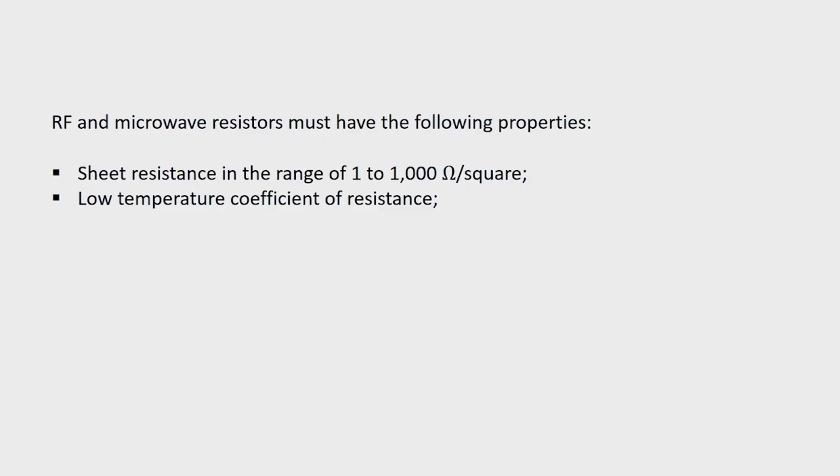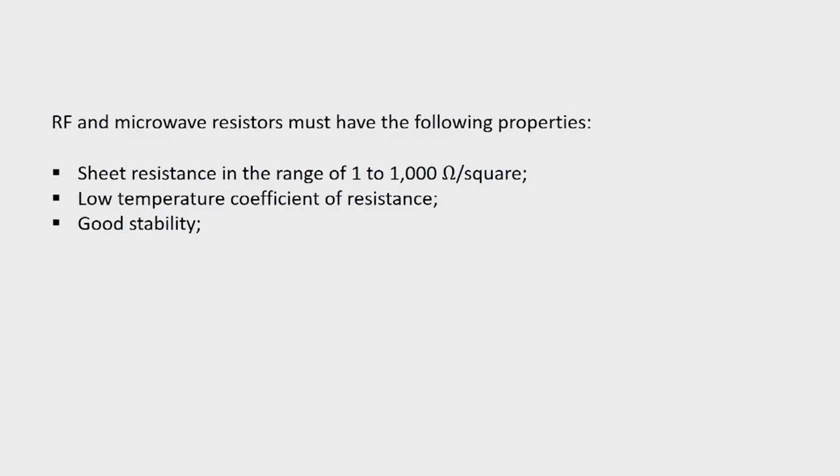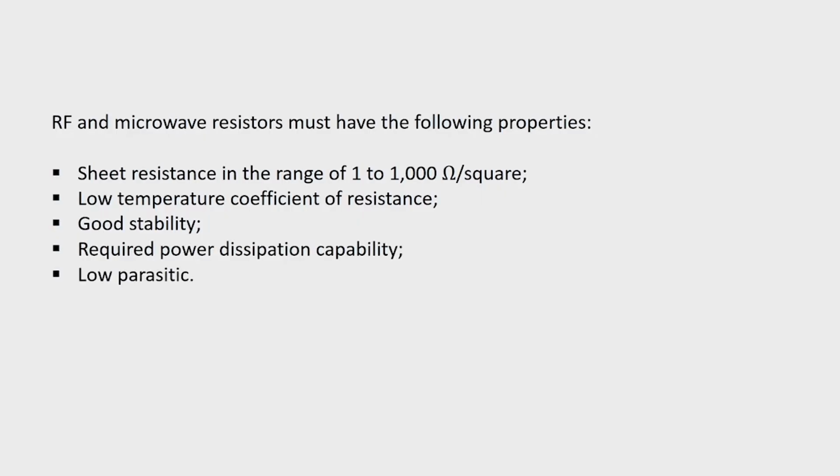Now, if it has high temperature coefficients of resistance, then the value of the resistance will change, and the actual value of the resistance will be different after usage of some time from the nominal or the design value of the resistance. Good stability, required power dissipation capability and low parasitics.